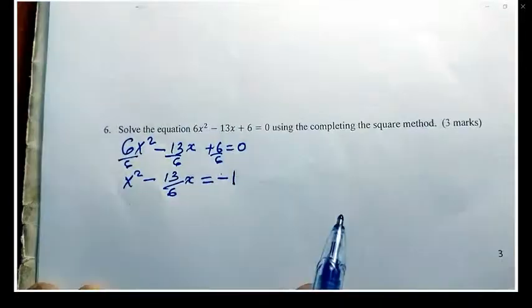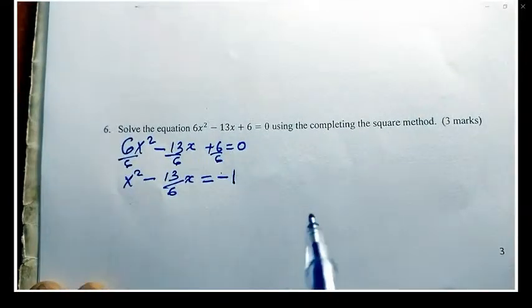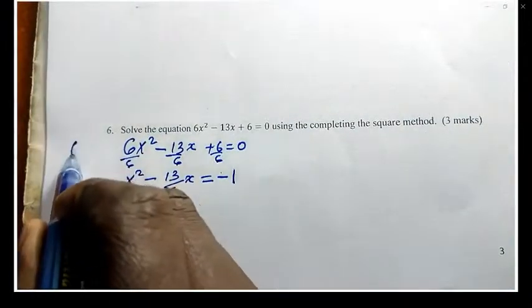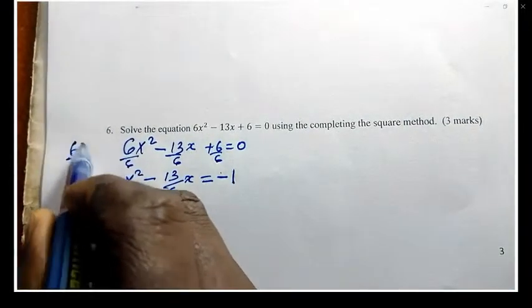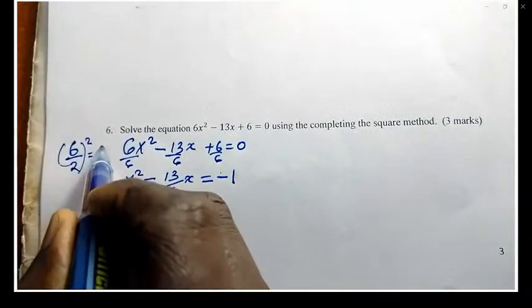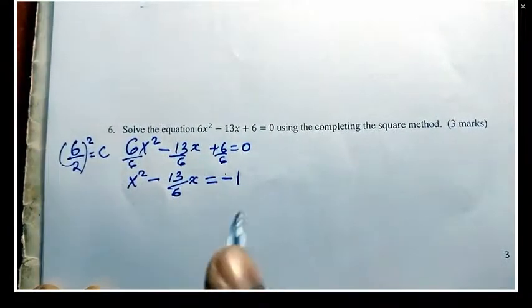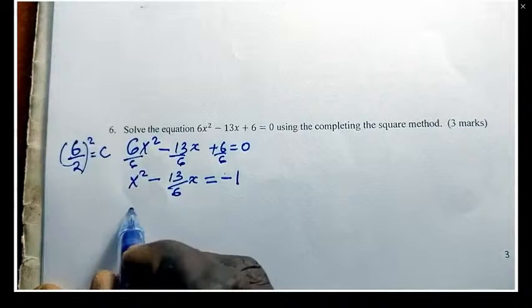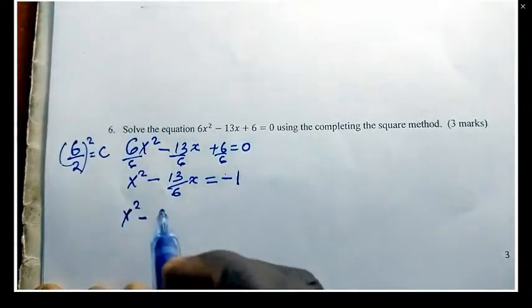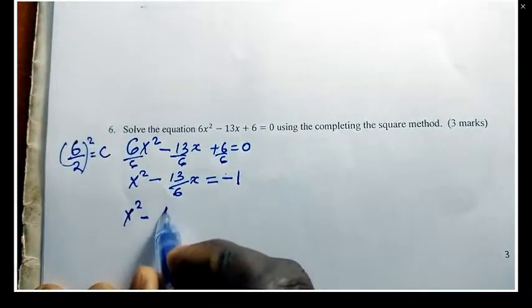The second thing, you remember this concept that b over 2 squared equals c. You remember that? You should remember that. So that's what you are going to use here. So x square minus 13 over 6.